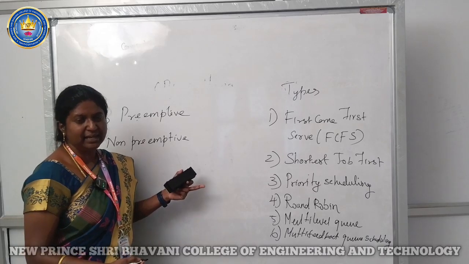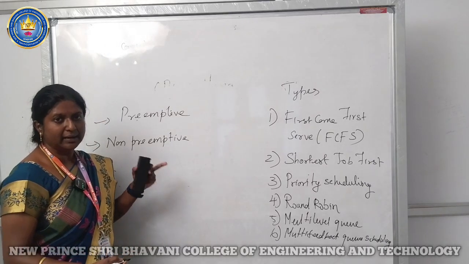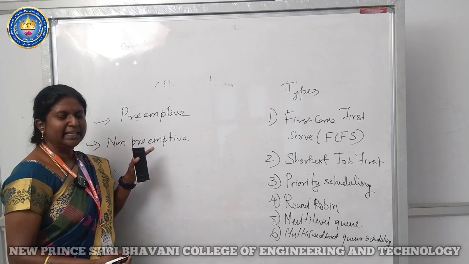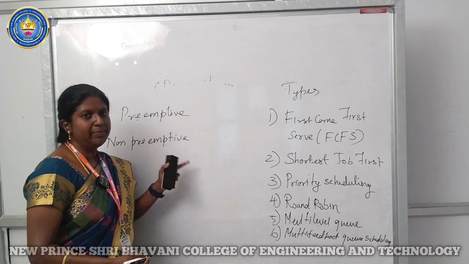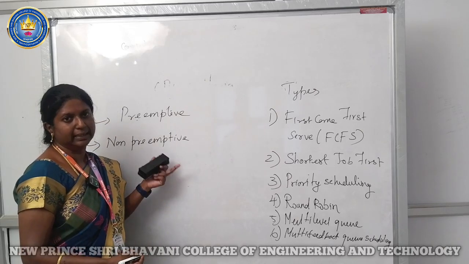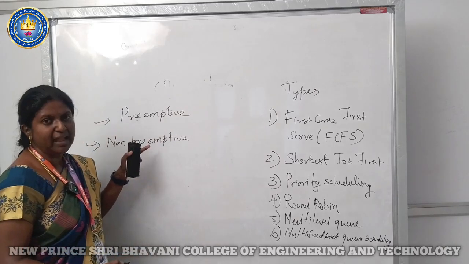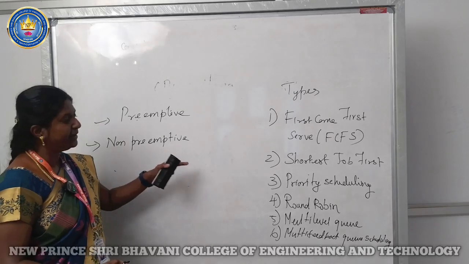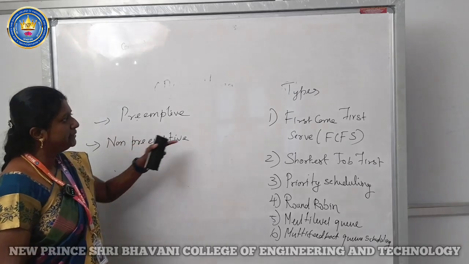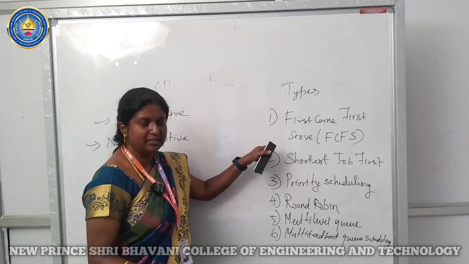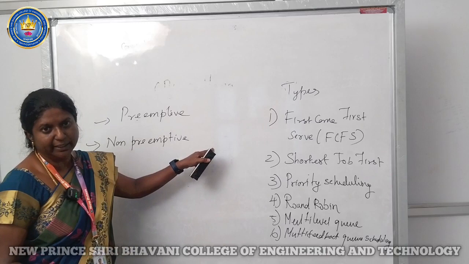Once allocated, the CPU control will be released only on termination of the process, or when it goes to the waiting state. So these are the two terms we have to know before entering into scheduling: preemptive and non-preemptive. First come first serve is a non-preemptive scheduling.